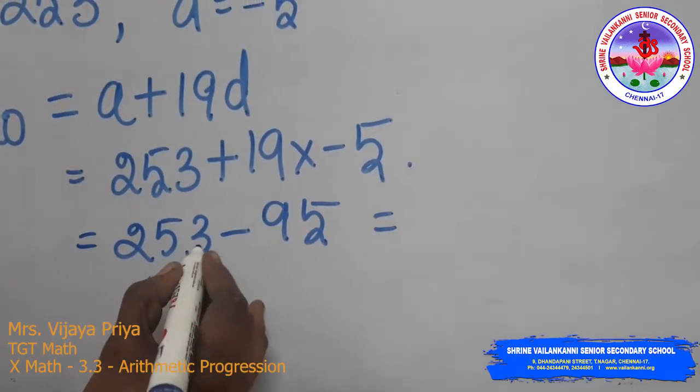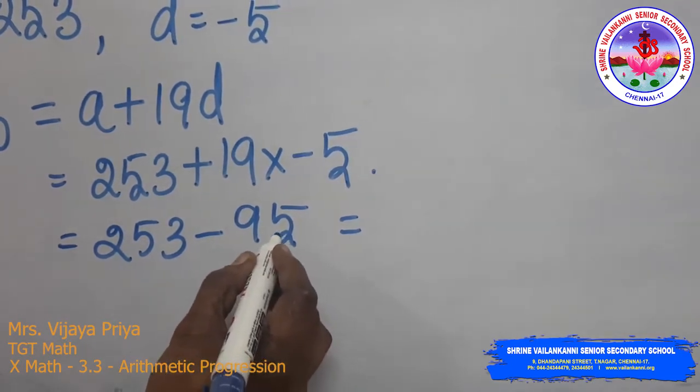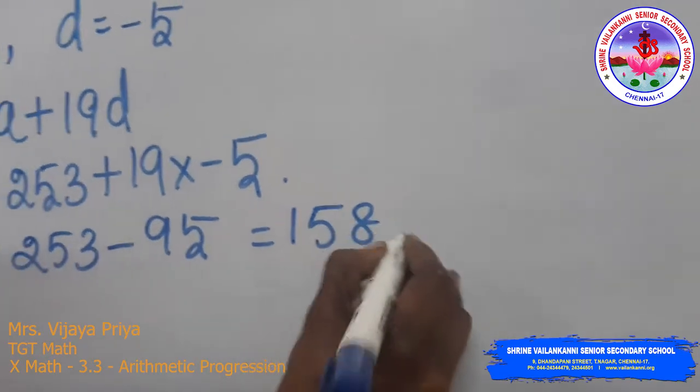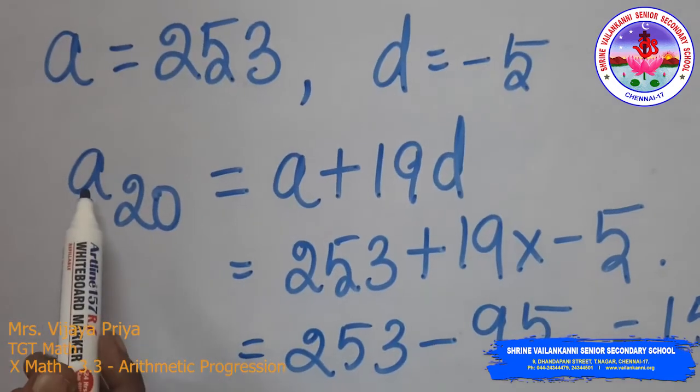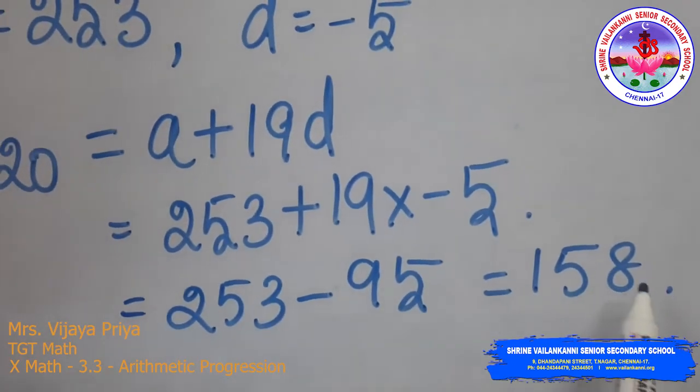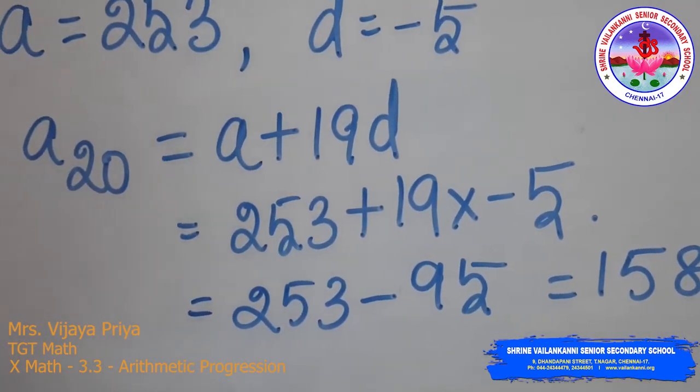So 253 minus 95, so you will get 158. Thus I got the 20th term will be 158 when you move from the last term.